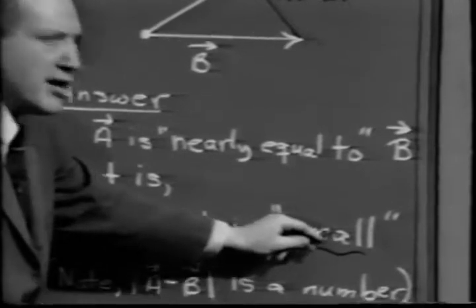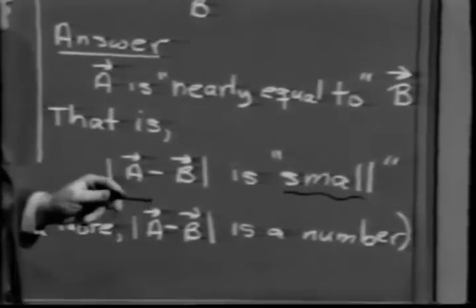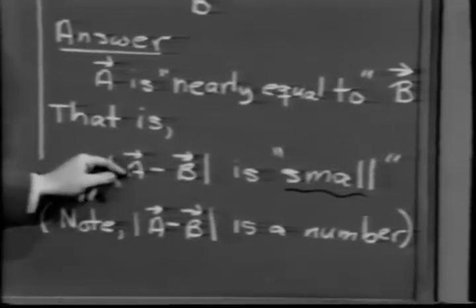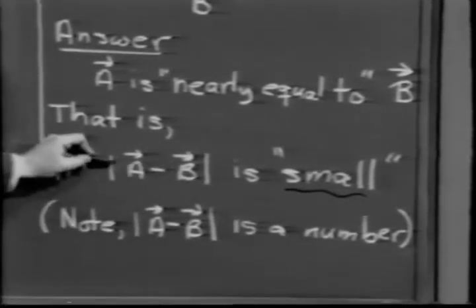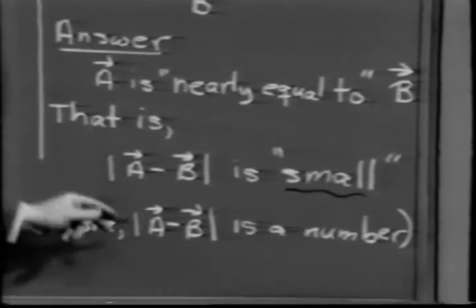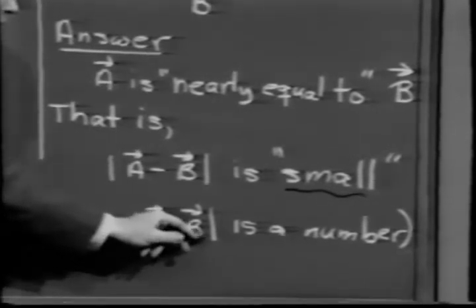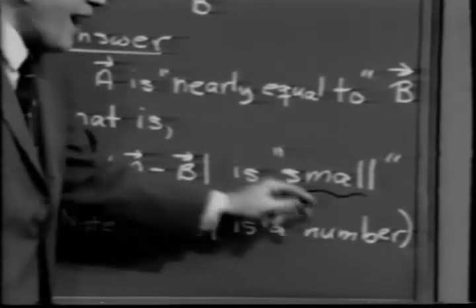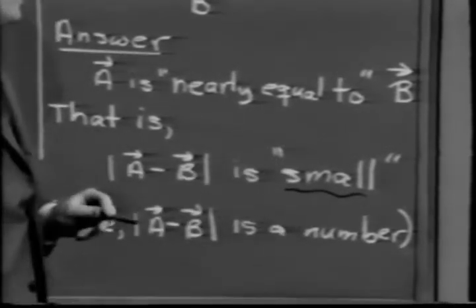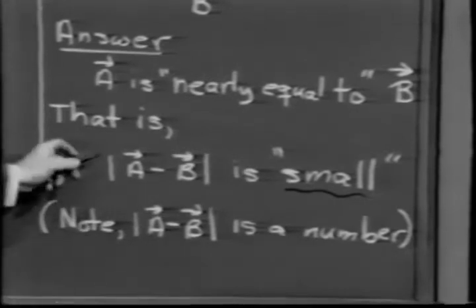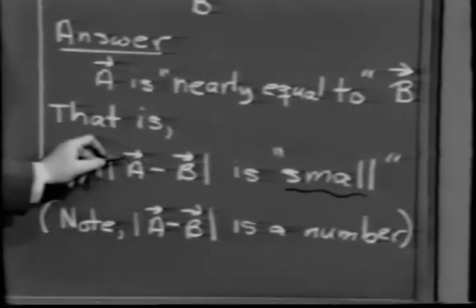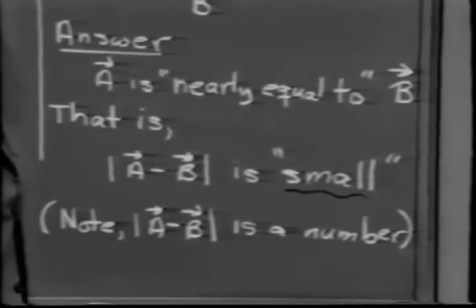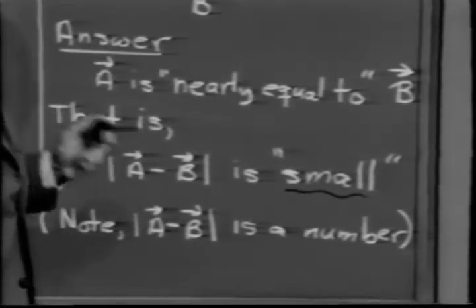And keep in mind that I'm now using small as I did arithmetically, because even though a and b are vectors, and so also is a minus b, the magnitude of a vector is a number. Note this very important thing. Even when I'm dealing with vectors, as soon as I mention magnitude, I'm talking about a number. In other words, I now define a to be near b to mean that the magnitude of the difference between a and b is small.